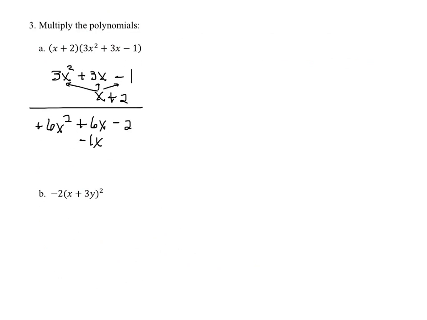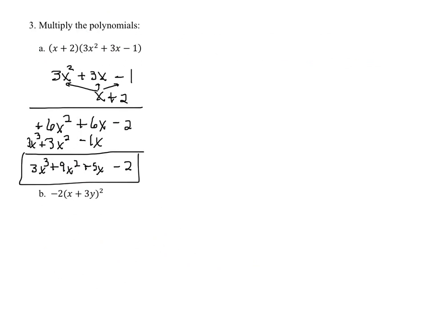X times 3x is 3x squared, positive. And x times 3x squared is 3x cubed. Now I'm just going to add down: negative 2, positive 5x, positive 9x squared, 3x cubed.